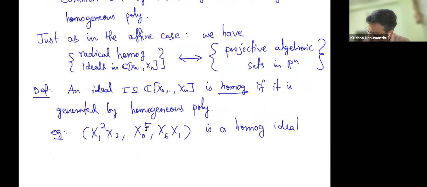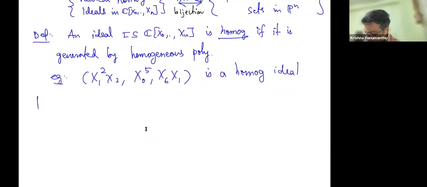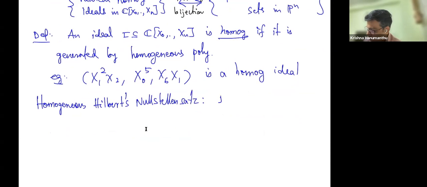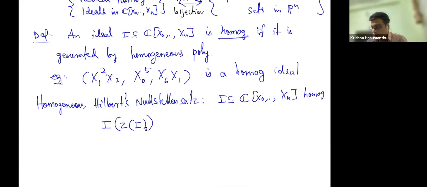So this is an inclusion-reversing bijection. In other words, there is a version of Hilbert's Nullstellensatz here, which says that if I is homogeneous, and you take first V, or Z of I by my notation earlier.